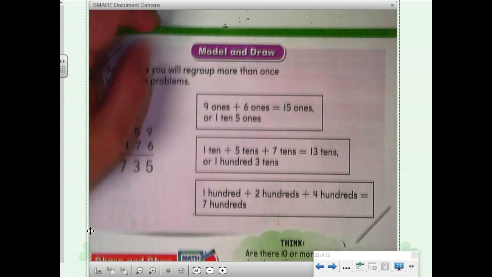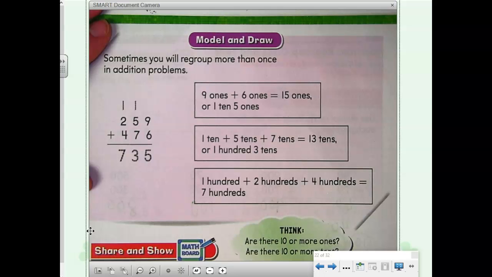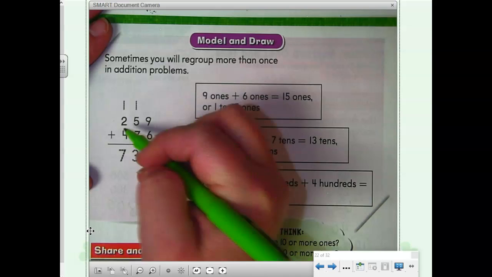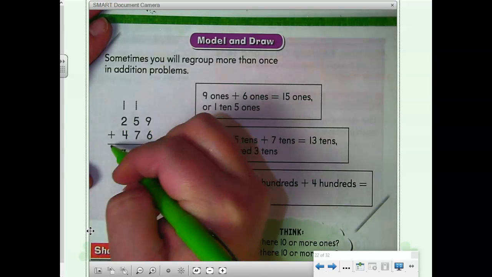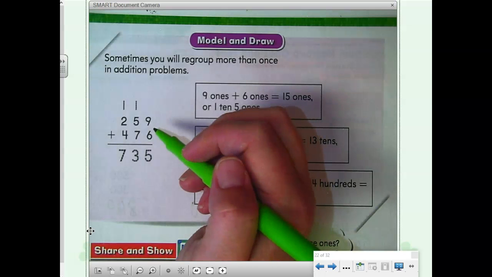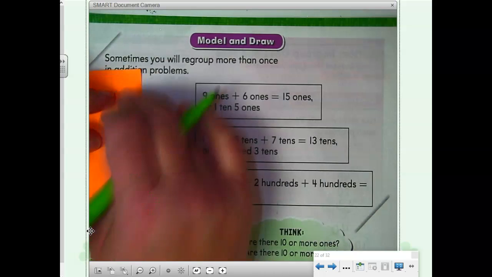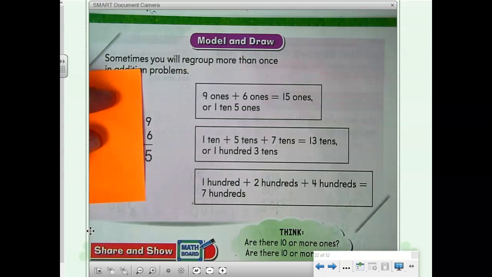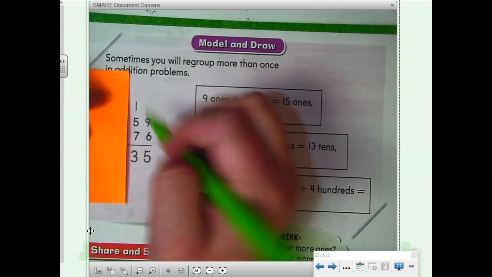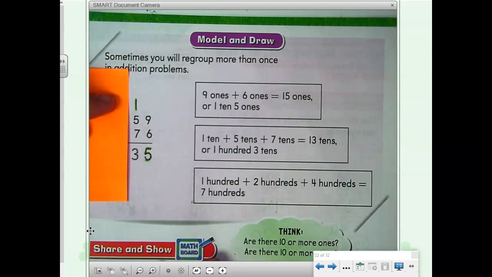All right, let's look at the model and draw. Sometimes you will regroup more than once in addition problems. All right, we have 259 plus 476. All right, here, 9 plus 6, well, that makes 15. 15 is 1 ten and 5 ones. Then I have to add again.